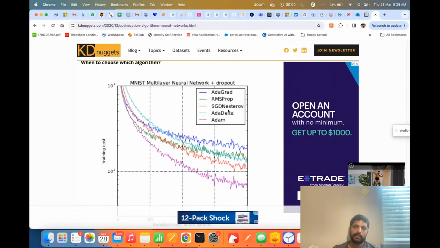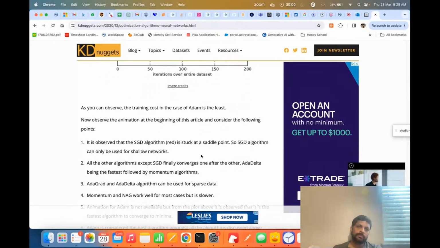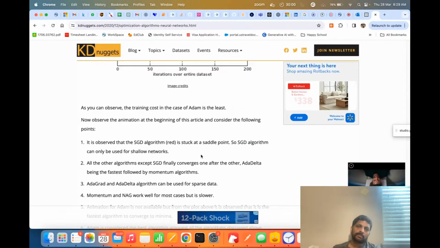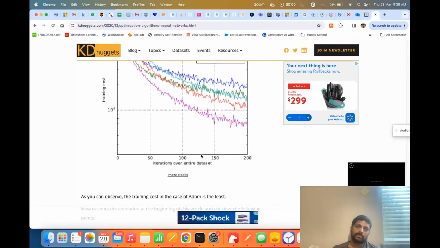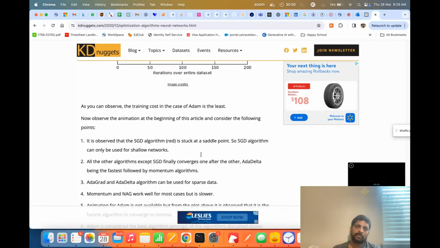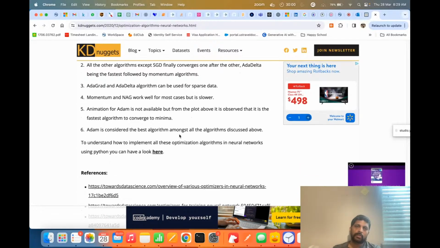RMSprop is second, Adadelta is third, SGD Nesterov is fourth, and Adam is fifth. So Adam is the best among all these, the best algorithm amongst all.